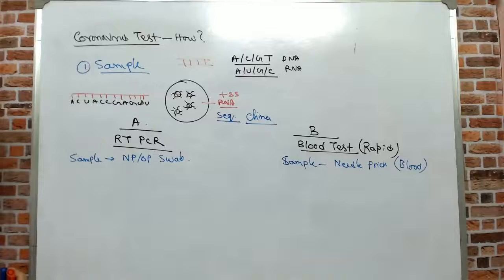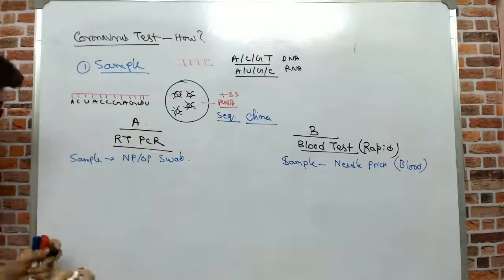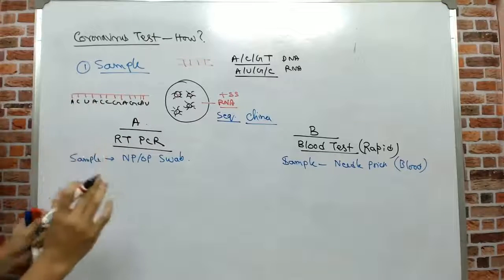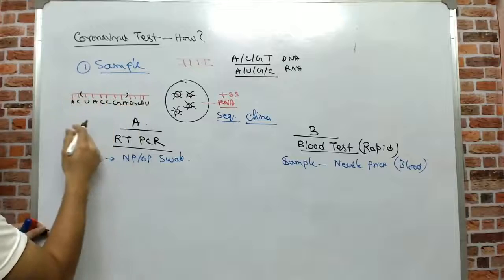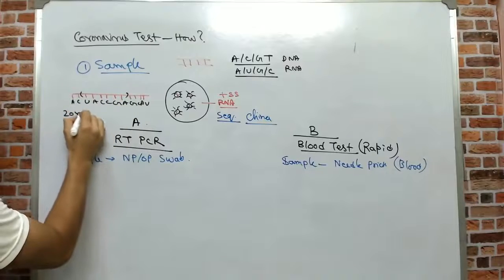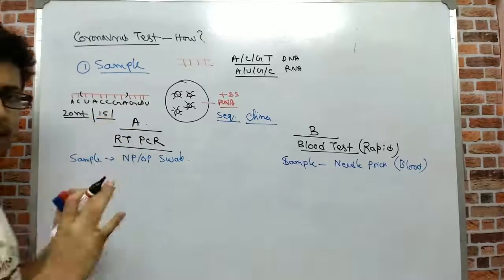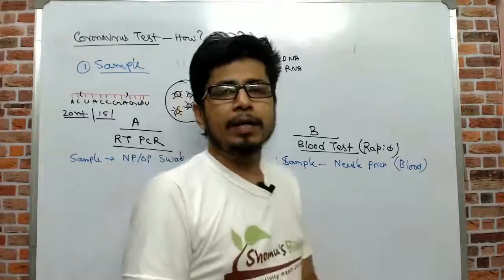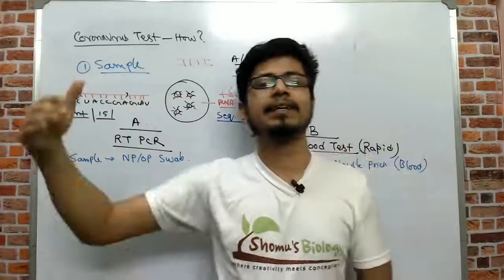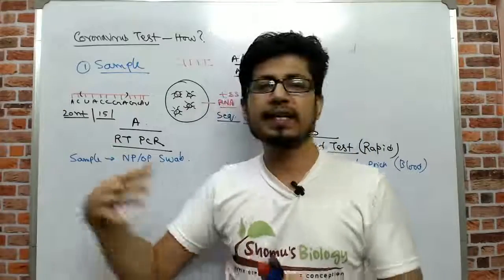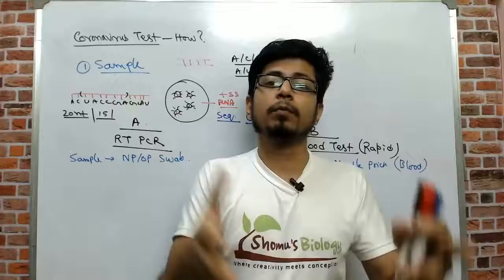Now, let's say this is the sequence. We can find a particular stretch of sequence from there. Let's say the stretch is 20 nucleotides, 20 letters like that, or 15 letters like that. We can find that particular target. Now different companies are developing the RT-PCR kit to find different portions of the gene.